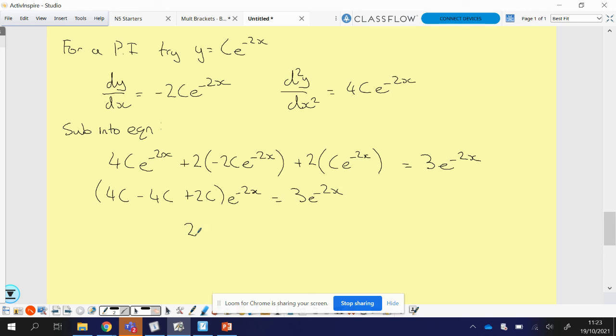So 2c had to equal 3, therefore c equals 3 over 2. So my particular integral was y equals 3 over 2 e to the negative 2x.